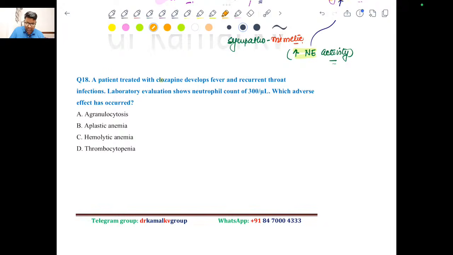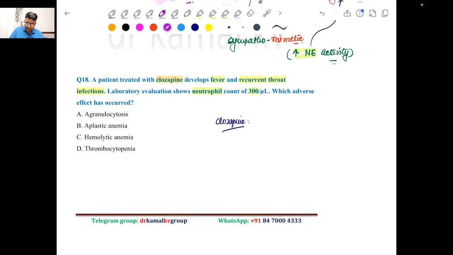A patient is being treated with clozapine. Now he develops fever and recurrent throat infections. Then lab evaluation is showing a neutrophil count of only 300 per microliter. So what has happened here?